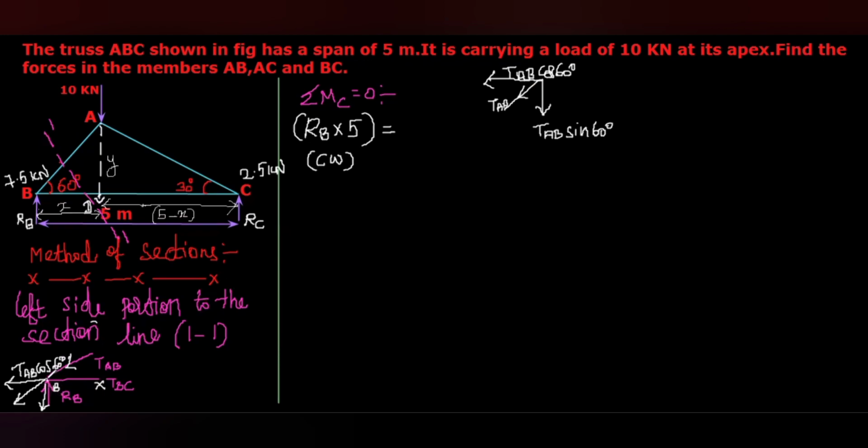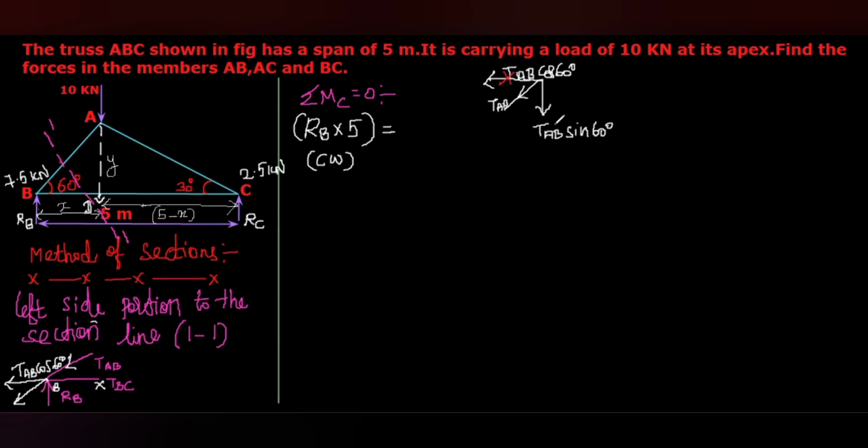But the line of TAB cos 60 passes through the point B, so the moment made by the horizontal component TAB cos 60 can be eliminated.